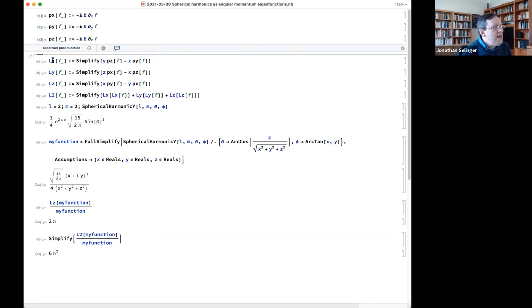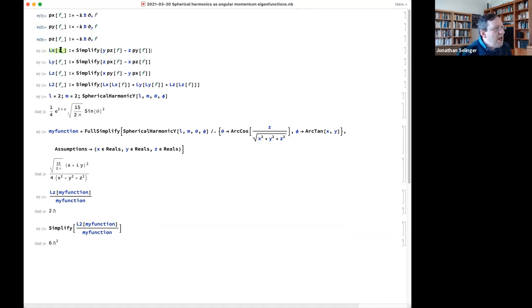Then if I want the Lx operator, that is y times pz acting on any old function minus z times py acting on that function.